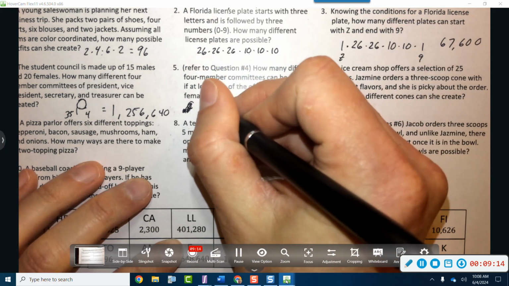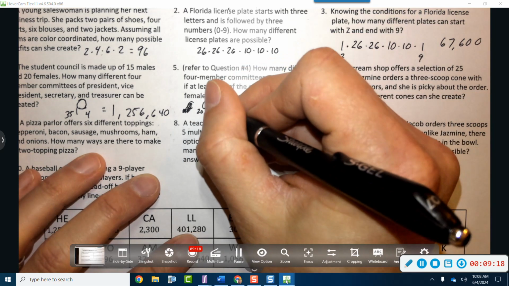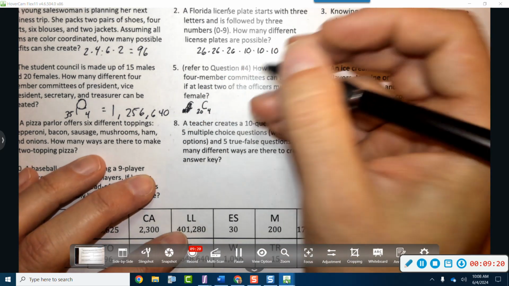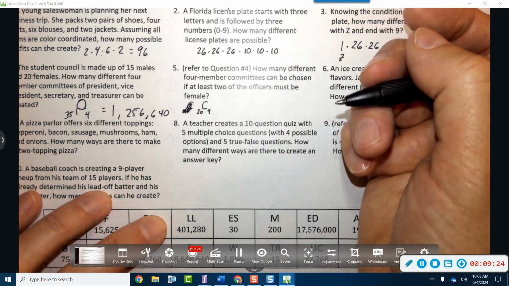So you've got 20 females, and you're going to choose all 4. Then you don't need any males for that one.